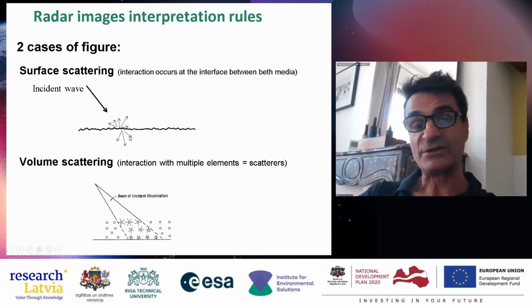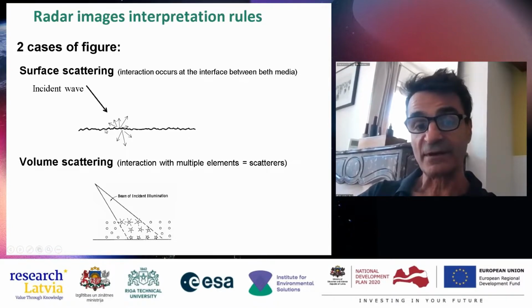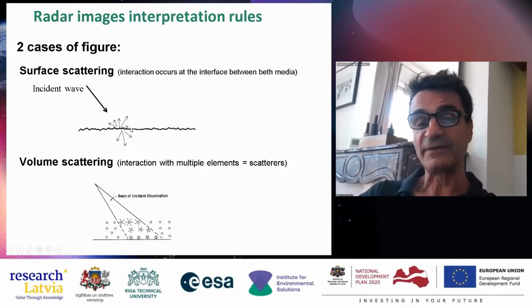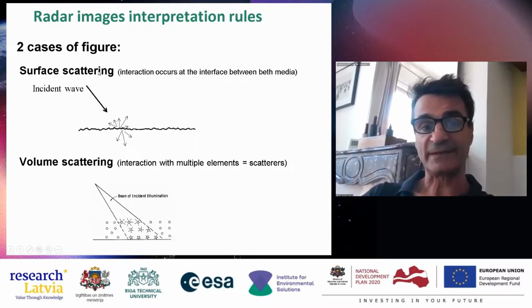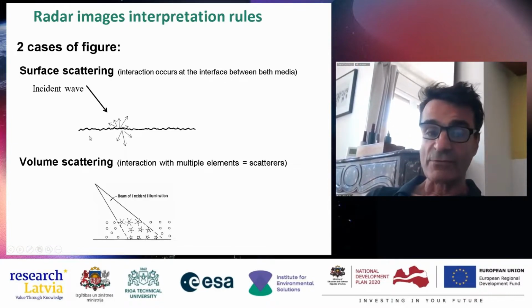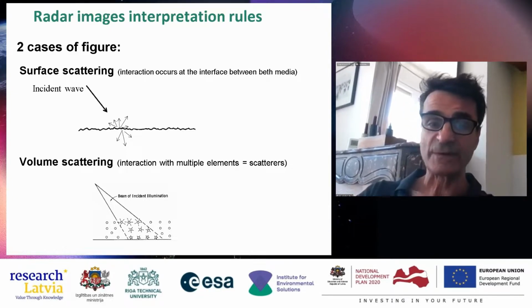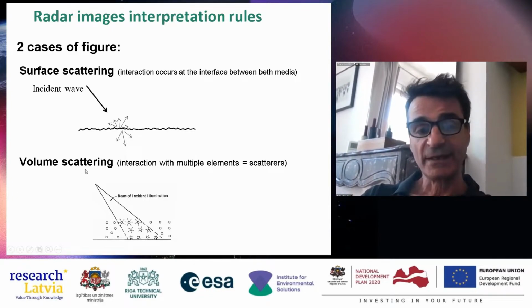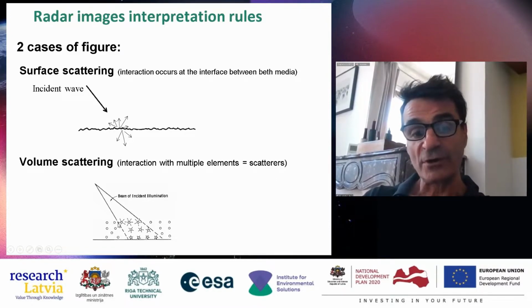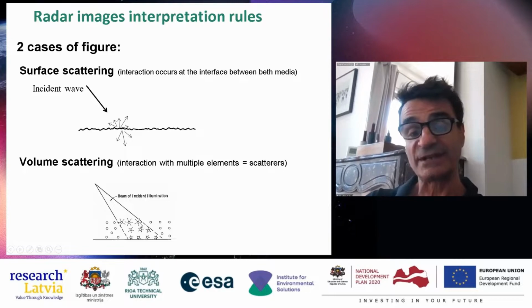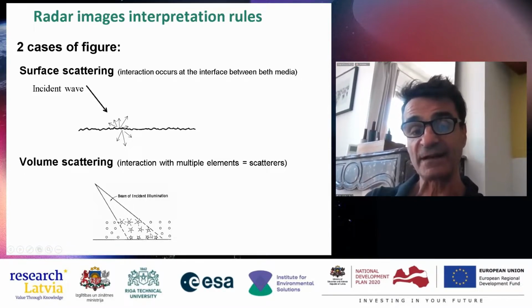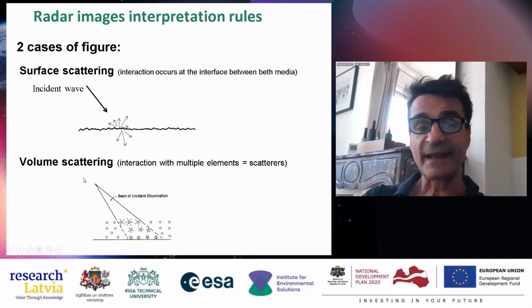Inside, if the ground is homogeneous, you don't have anything, you just have an interaction at the interface. And when you have vegetation, snow or ice, we speak about volume scattering. This corresponds to a lot of different scatterers, which each individually interact with the electromagnetic wave.